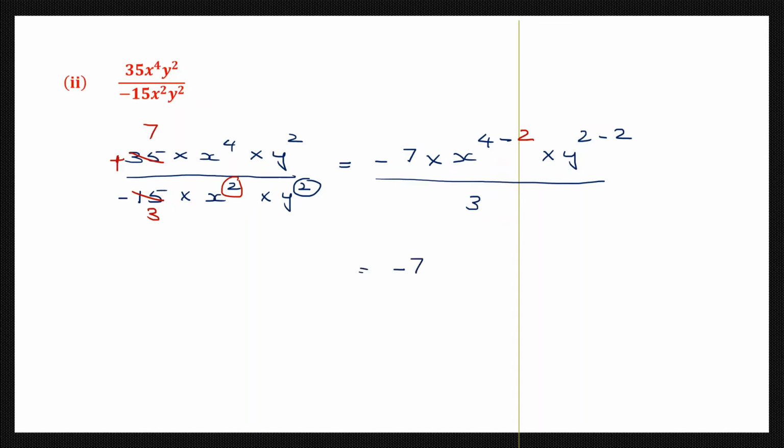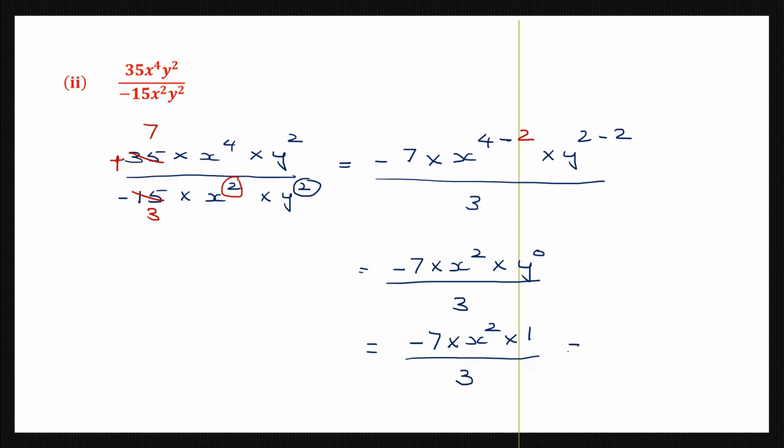Minus 7 into x to the power of 4 minus 2 is 2 into y to the power of 2 minus 2 is 0 by 3. So this will be minus 7 into x square into 1, because y to the power of 0 will be equal to 1, by 3. So we get minus 7 x square by 3. So that is our final answer, minus 7 x square by 3.